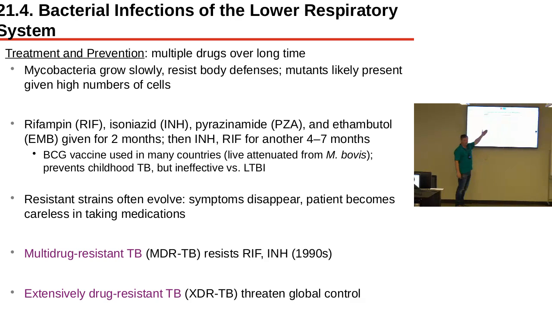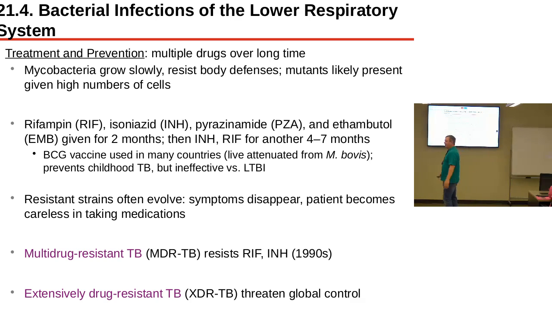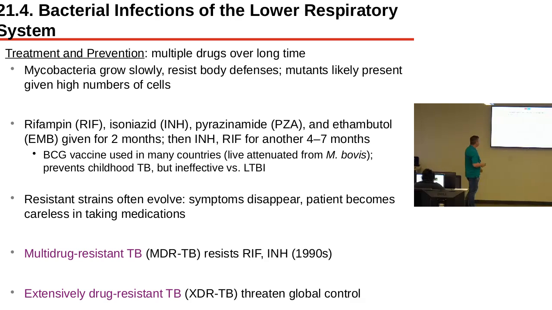Sometimes it just happens spontaneously. But what we're talking about here is compliance: symptoms disappear, the patient starts feeling better, and they go off their drugs, or they take them only every now and then and aren't really complying well. Well, that's just a recipe for disaster for ultimately picking up resistance.